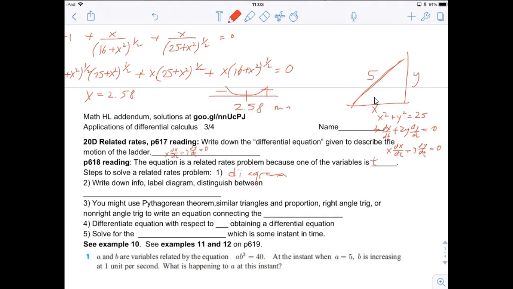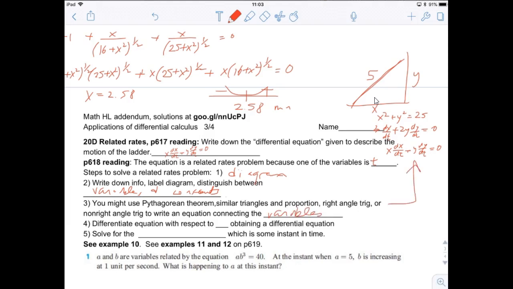Write down the info, label the diagram, and distinguish between variables and constants. Okay. You might use Pythagoras' theorem, similar triangles and proportion, right angle trigonometry, or non-right angle trigonometry to write an equation connecting the variables. So that's what we did here, right?